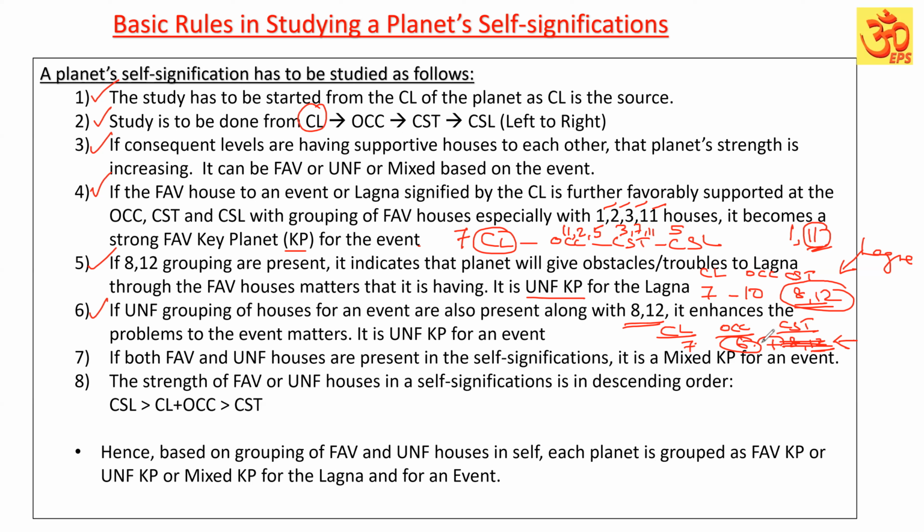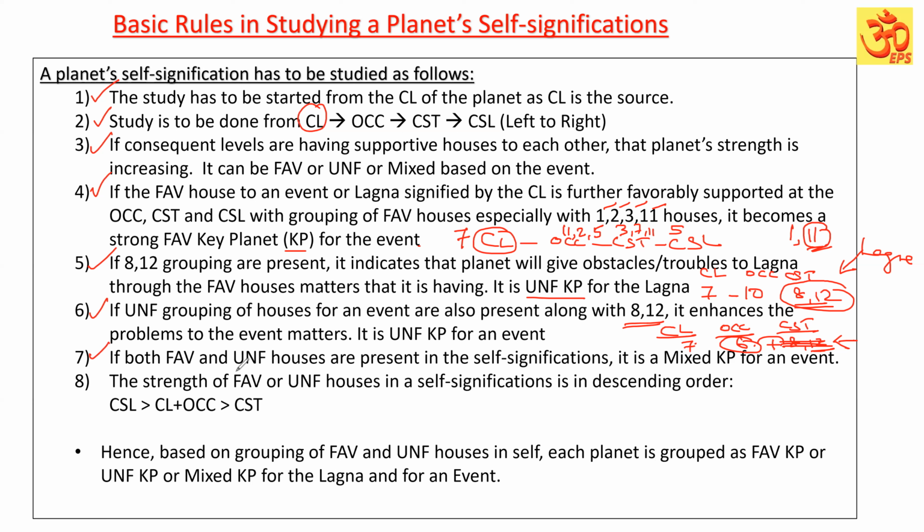It means that unfavorable house intensity is going to be balanced. It is going to support, rather, we can say that. So when the presence of trouble-giving houses to the Lagna is also added to the unfavorable house to an event, then only the intensity of the unfavorable house matters is going to be more. I hope you have understood.